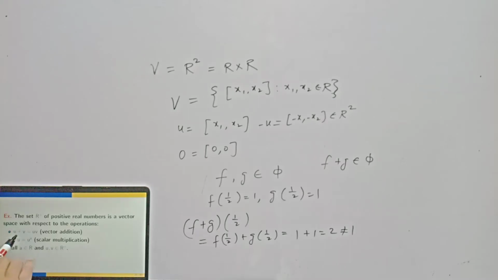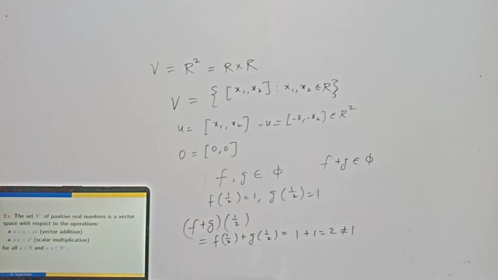So how is vector addition defined? Multiply the two positive real numbers. And scalar multiplication: a dot u is u power a. Okay, so it's something unusual. On the left side it looks like you are simply multiplying a with u, but the definition of dot, the scalar multiplication, says how to operate it: u raised to the power a.